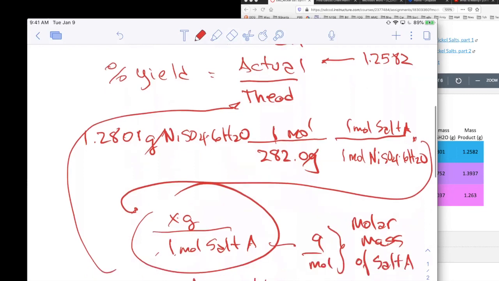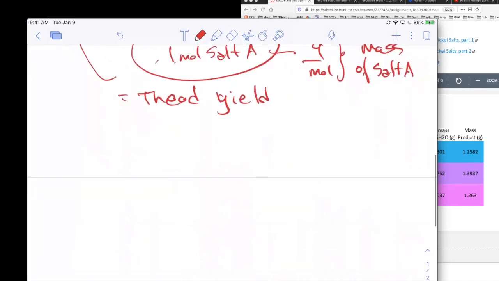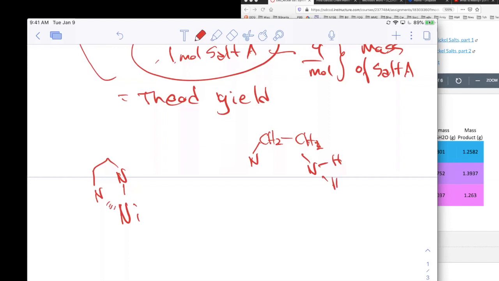And the formula is going to be nickel, and it's going to have an ethylene diamine. And remember that I'm substituting this structure for this chemical right here. So rather than write this tedious structure, I'm just abbreviating as like that.